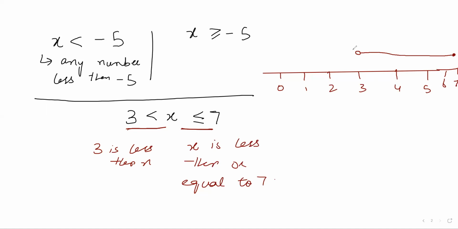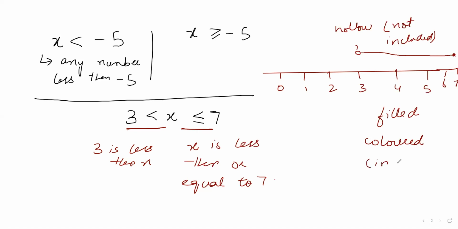Hollow means the number is not included, and a filled or colored dot means that the number is included. In this way, we can represent the numbers on a number line.